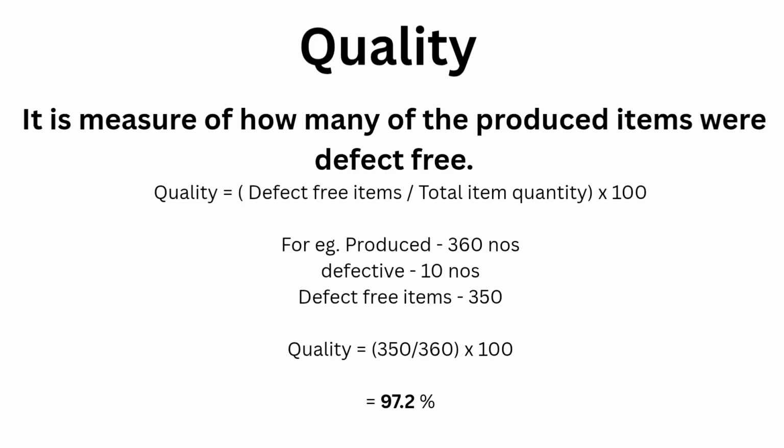The quality factor is determined by defect free items divided by total items into 100. For example, say 360 units were produced and 10 were defective, so defect free items are 350. The quality is calculated as 350 divided by 360 into 100, that is 97.2 percent. So 97.2 is the quality percentage of that particular machine.